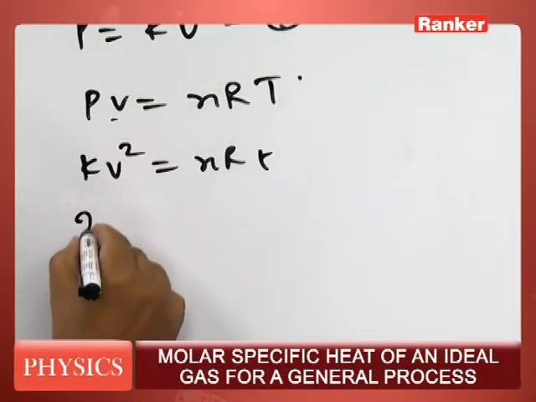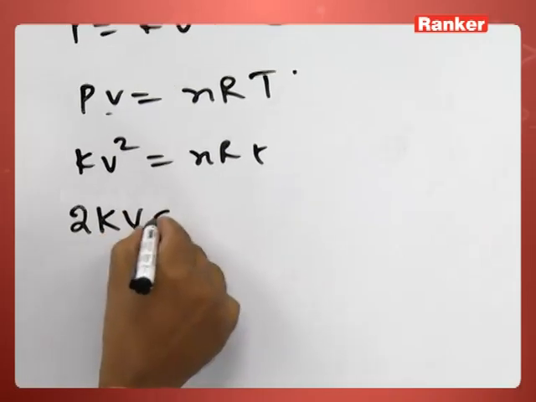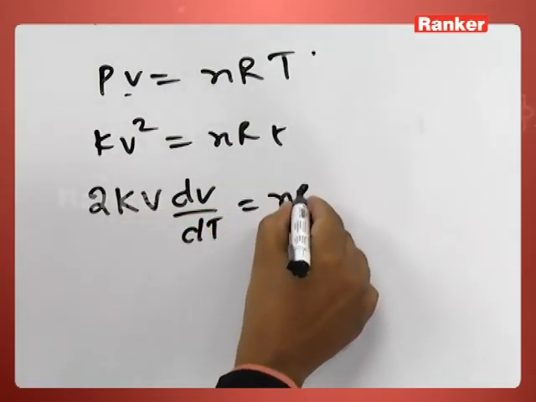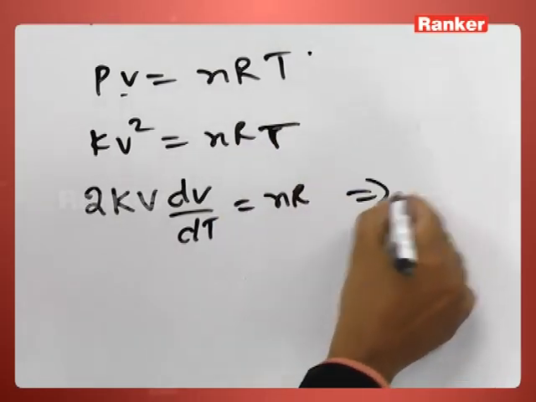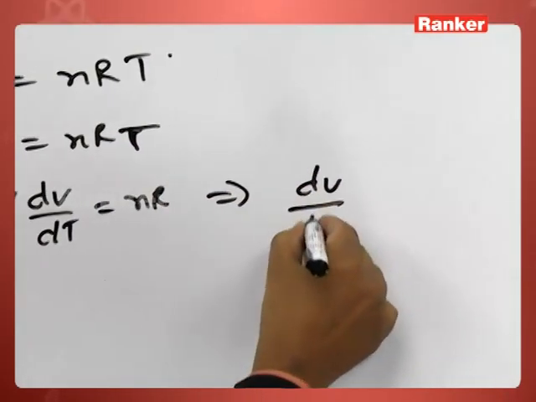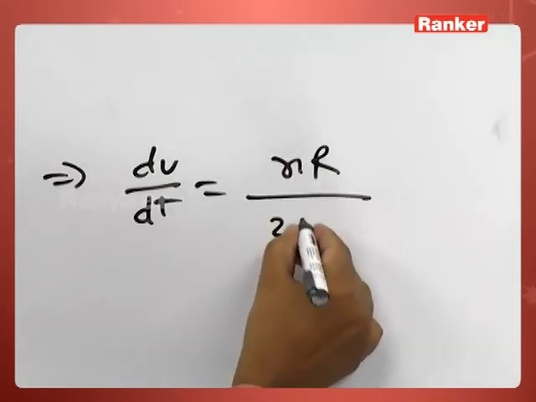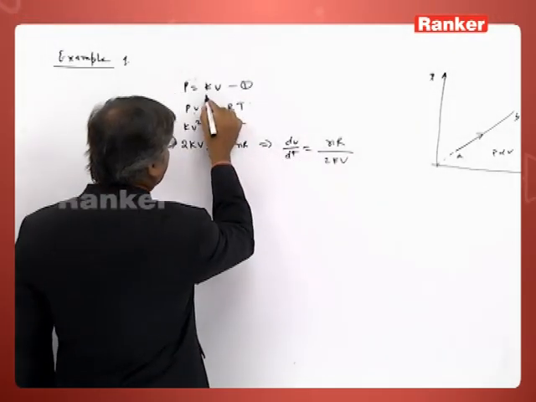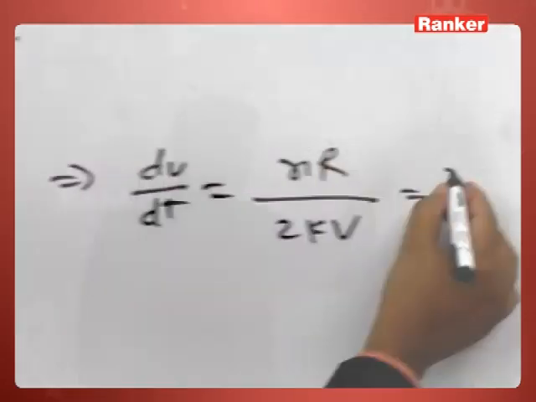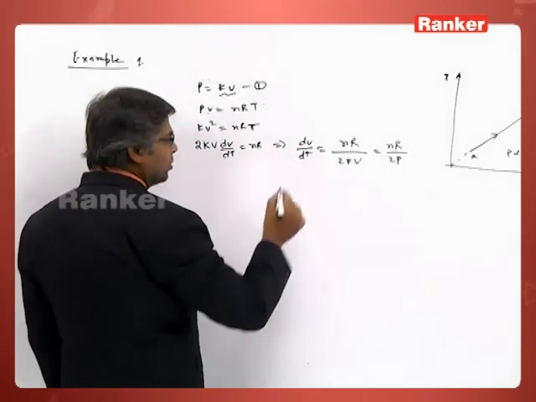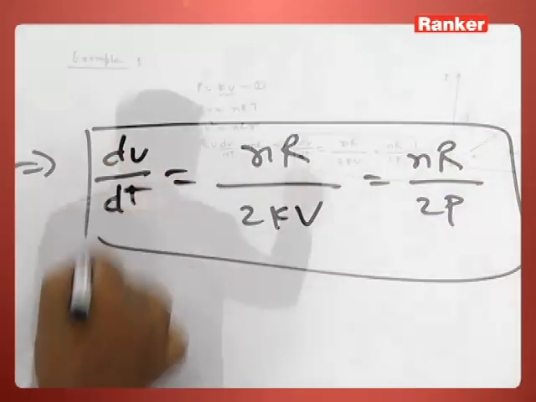So now 2kV dV by dT is equal to nR. This implies dV by dT is equal to nR by 2kV. Now you see kV is equal to P, so I can again write this as nR by 2P. So this is my first relation.